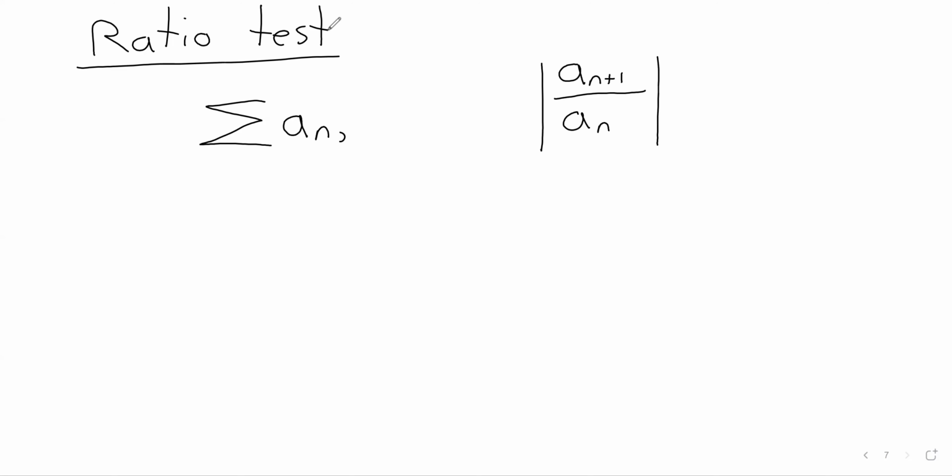And the ratio test is based on the idea that convergence is really quite difficult. It's quite difficult to add an infinite number of expressions together and wind up with something finite.